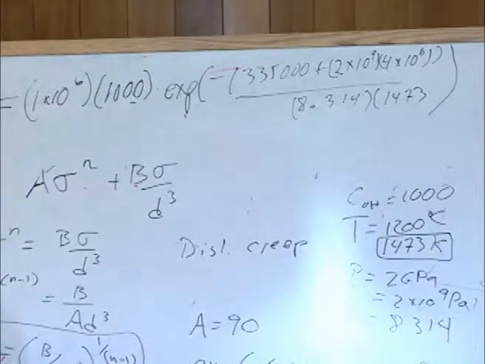What did you choose for the volume? 4 times 10 to the minus 6.